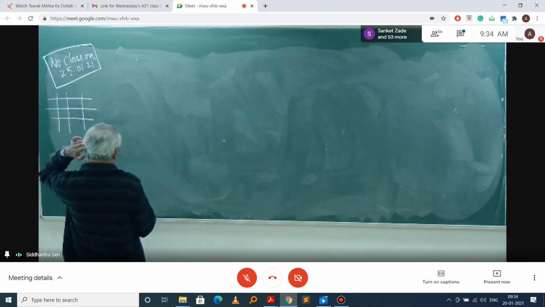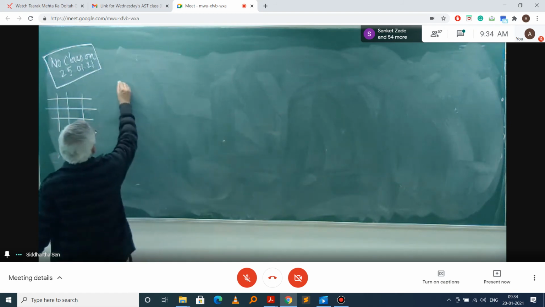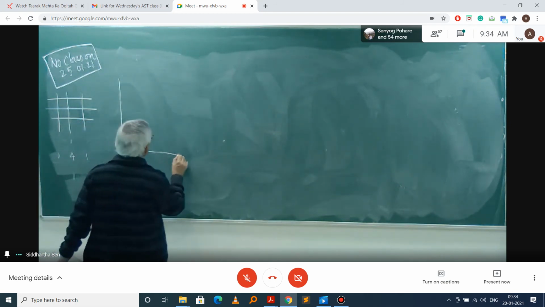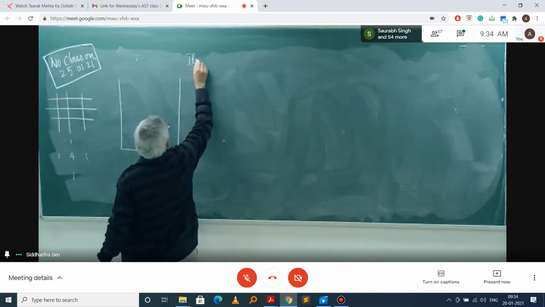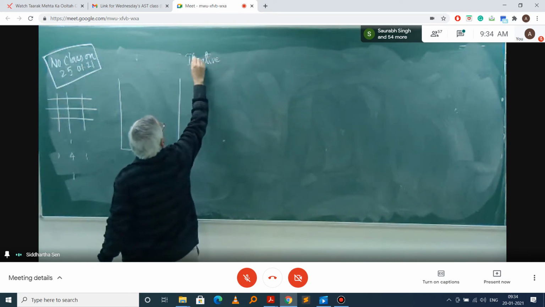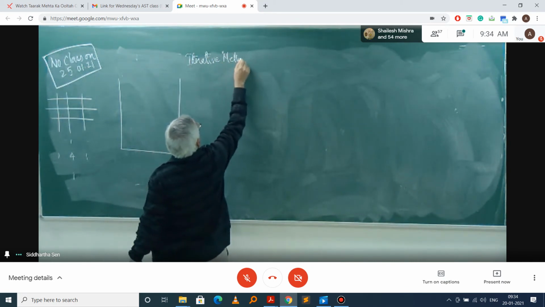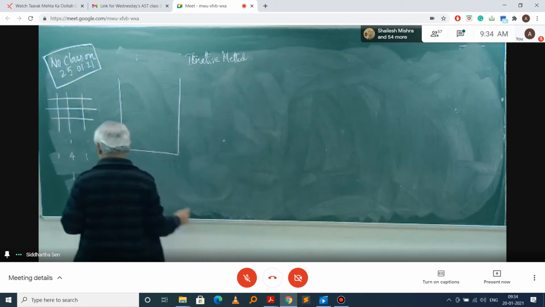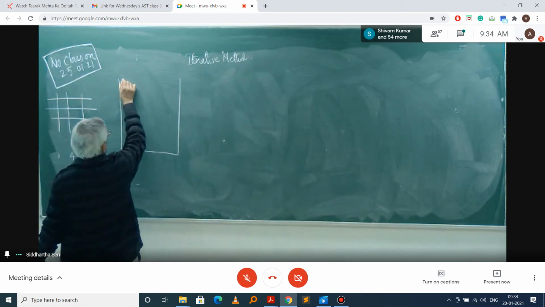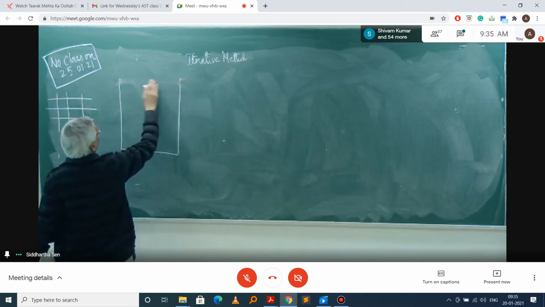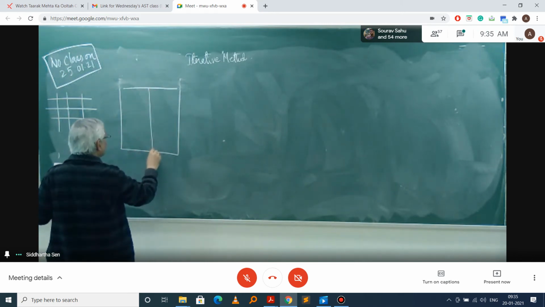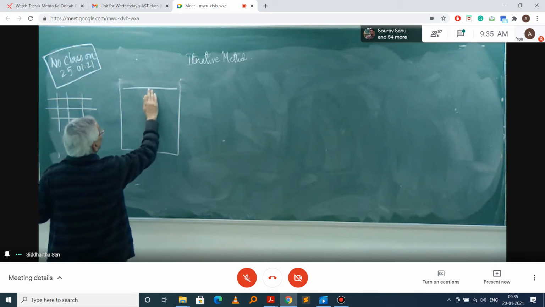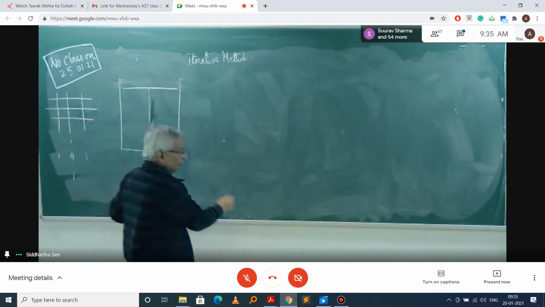I say that one example there using iterative method. So that's different color.